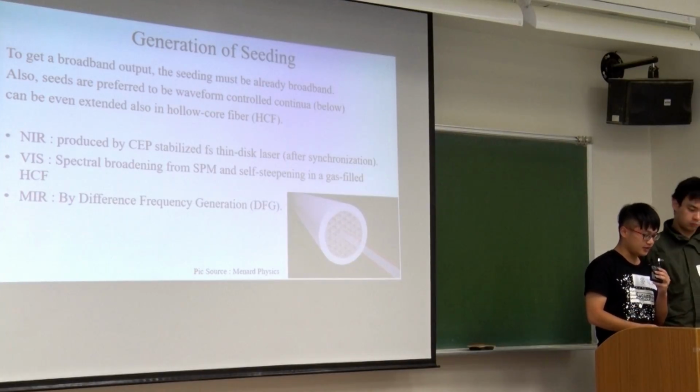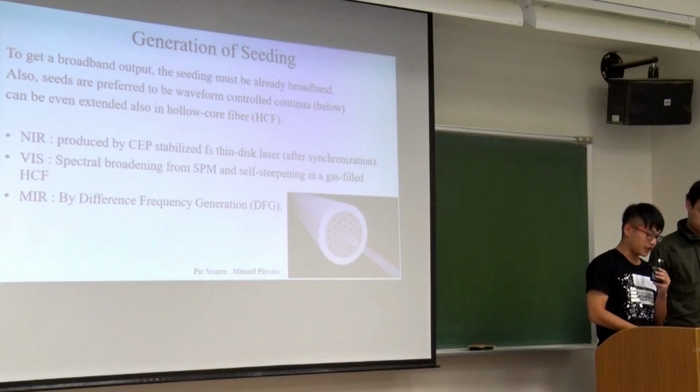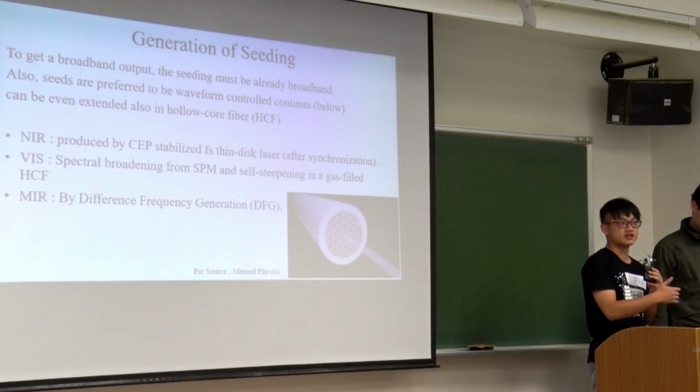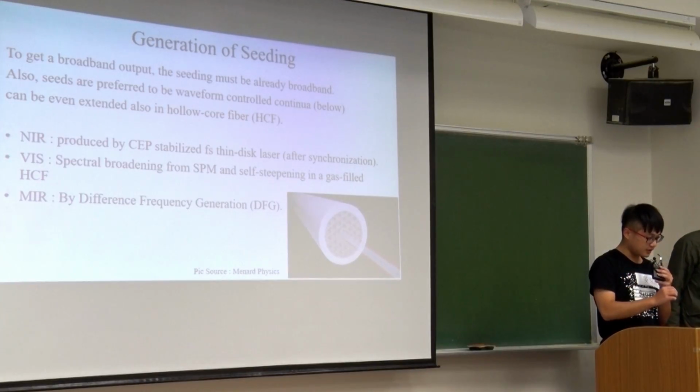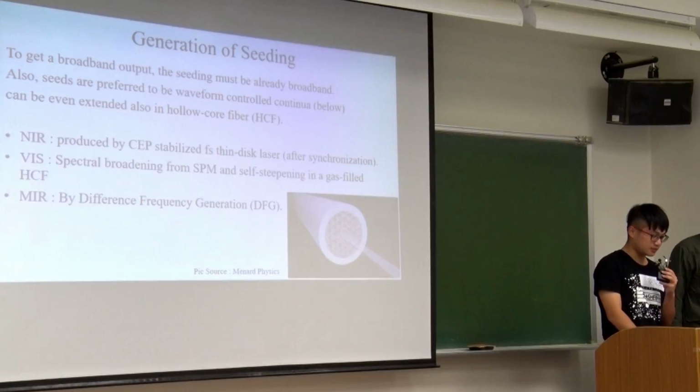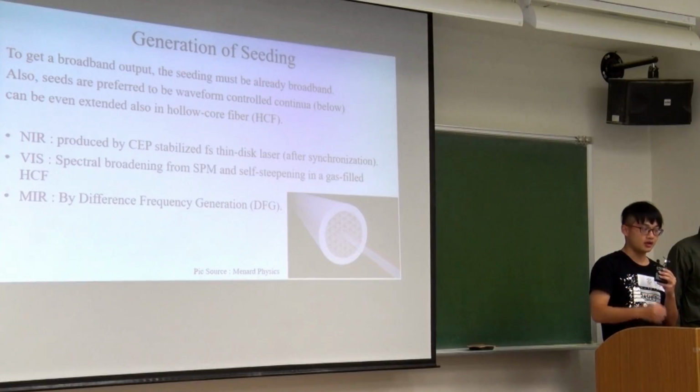NIR is produced by the CEP-stabilized femtosecond thin disk laser after some synchronization, just as we mentioned before. And the visible light part is by spectral broadening from SPM and self-steepening in a gas-filled HCF. Okay, and MIR is by difference frequency generation.